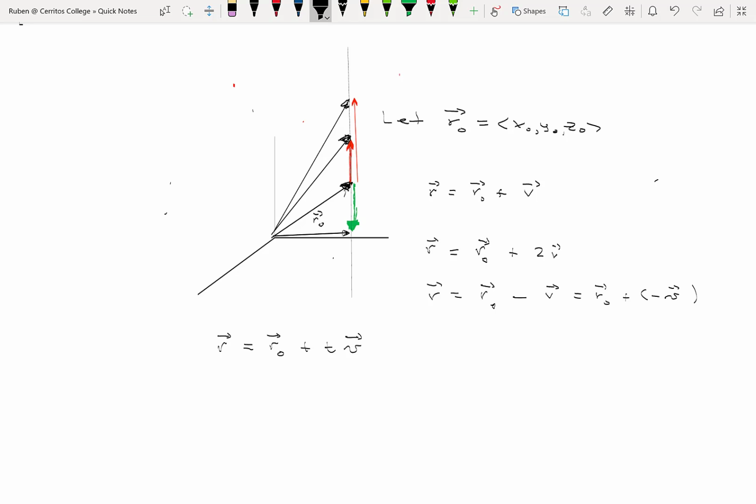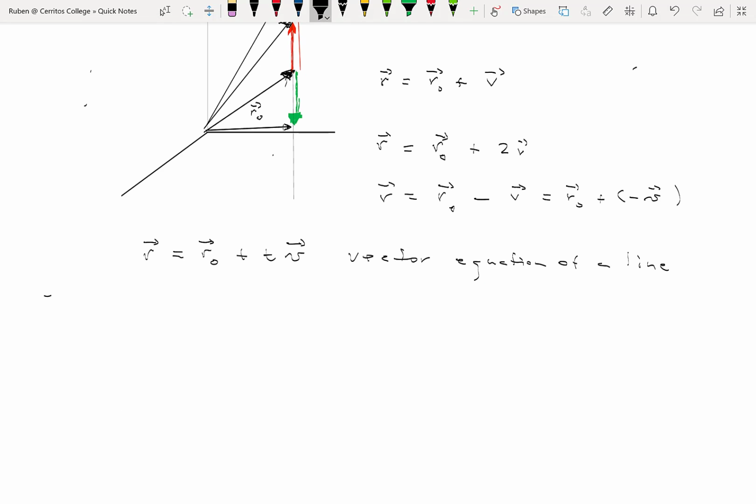All of these position vectors, r equals r naught plus tv, will be on the line for different values of t. The simplest is when t equals 0, you get r equals r naught, the initial position vector. This is in fact what's called the vector equation of a line.